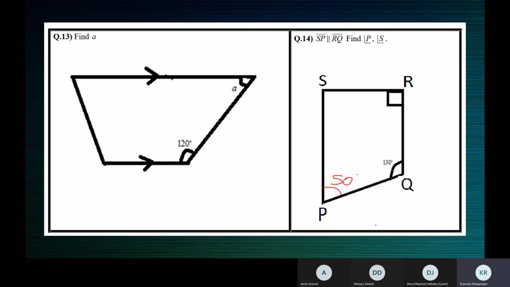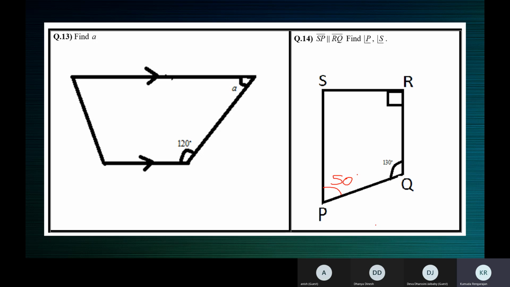One is using the angle sum property of a quadrilateral. The sum of all the four angles of a quadrilateral is equal to how much? 360 degrees, ma'am. So angle R, what is the magnitude of angle R? 90 degrees, ma'am. Very good. So 90 plus 130 plus 50 plus angle S is equal to 360 degrees. You can work that out and find the value of S.